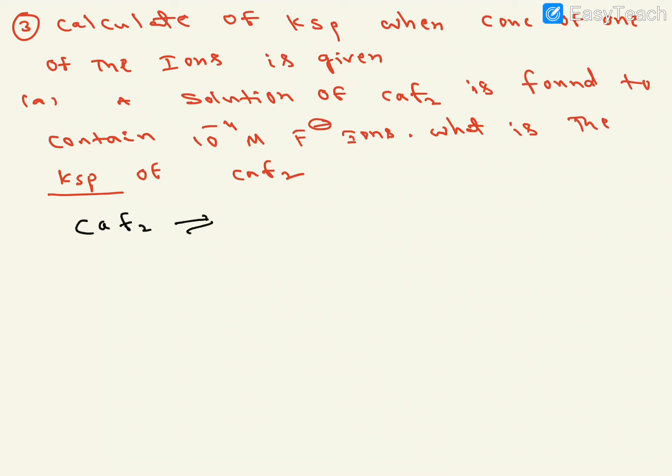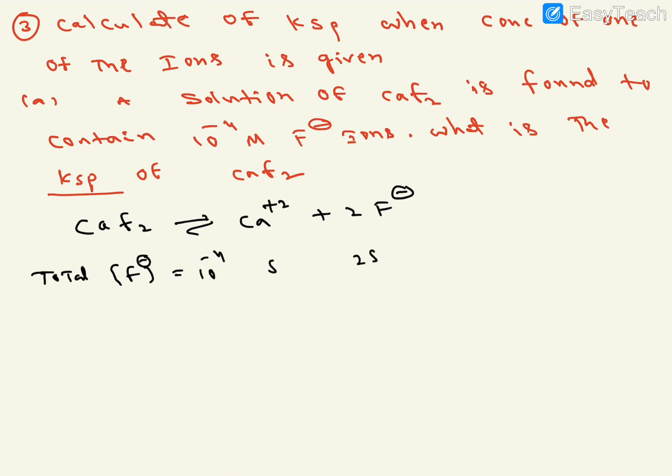Let me explain. CaF2 dissociates into Ca2+ and 2F minus, right? So the F minus concentration, how much is there? The F minus concentration is 10 to the power of minus 4.